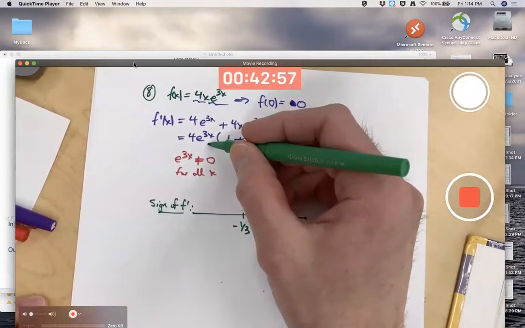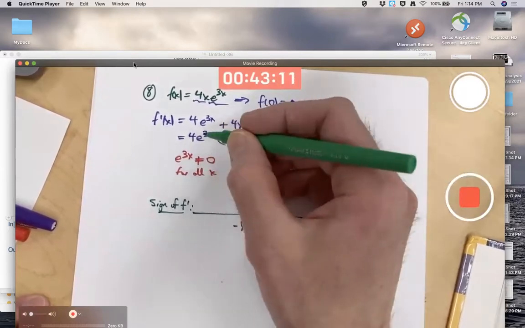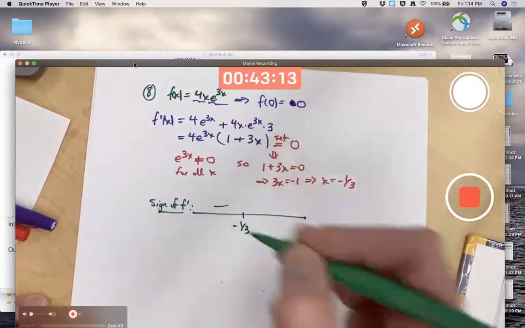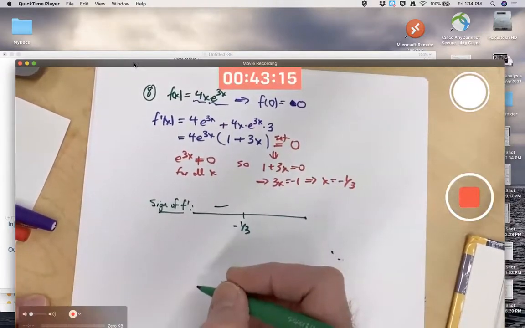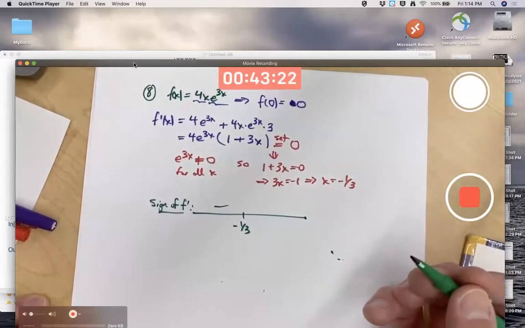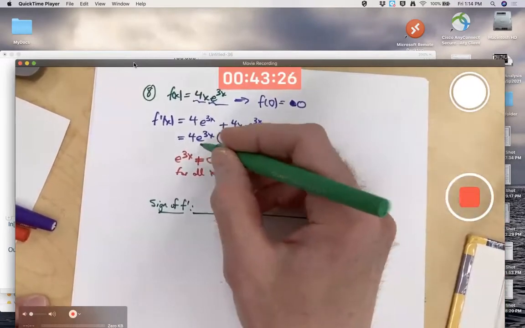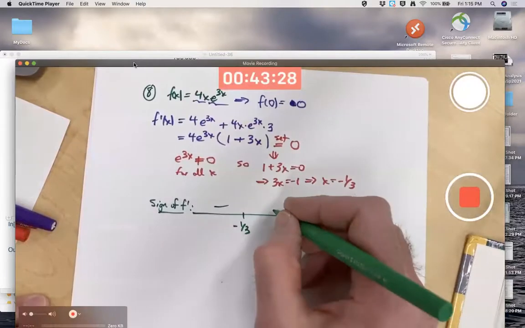That's positive. e to the negative 3 is a positive number. But this, when x is negative 1, is negative. It would be negative 2 when x is negative 1. Positive times negative is negative. Sign of f prime is negative. When x is bigger than negative 1/3, like 0, for example, what's the sign of f prime? Positive times positive times positive. Positive.